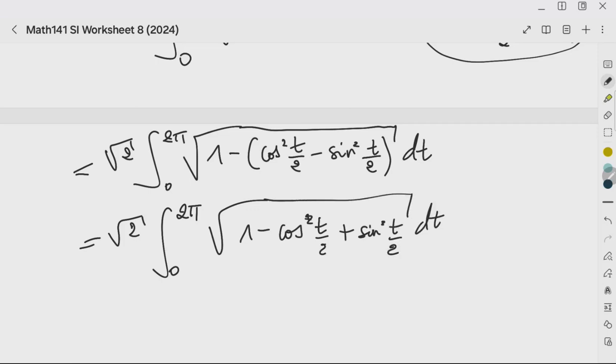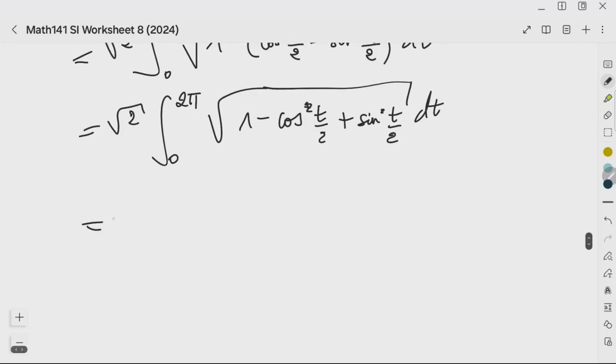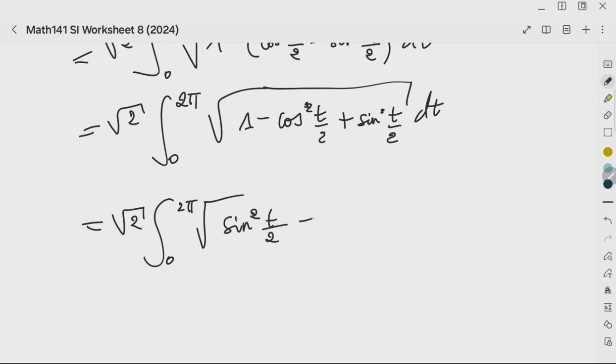That is equal to the square root of 2 multiplied by the integral from 0 to 2 pi of the square root of 1 minus cos squared, which is sine squared. So we have sine squared of t over 2 plus sine squared of t over 2 dt.